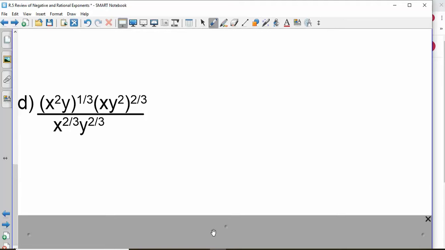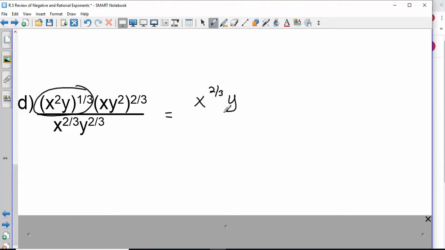We have a couple parentheses here, so we are going to have to deal with each of those to start with. So if I'm dealing with just this piece right now, we take our 1/3 in, multiply it with our exponent. So 2 times 1/3 gives me 2/3.